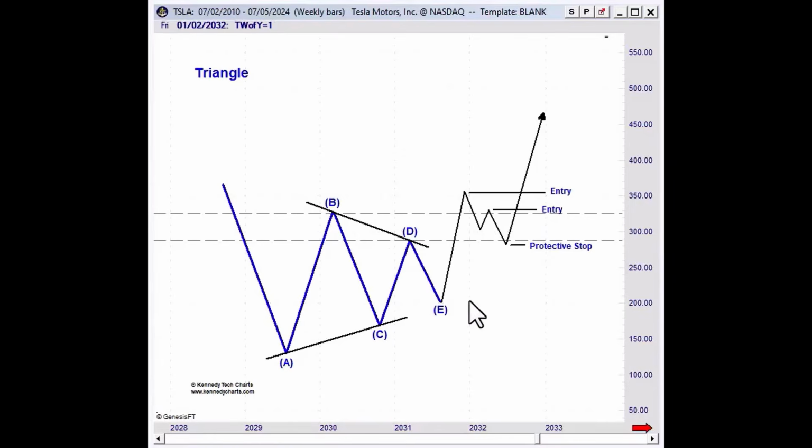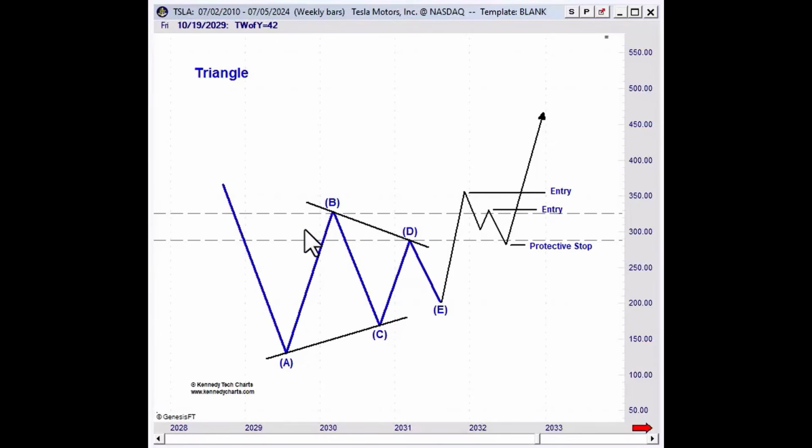So a lot of times following a triangle, and I know I've made this bigger than it typically is, prices will thrust out of the triangle, move above the extreme of wave D, move above the extreme of wave B, push a little bit higher, and then come back. And that's where we're seeing a change in the function of support and resistance.